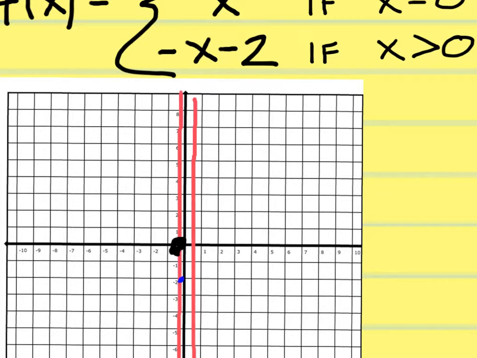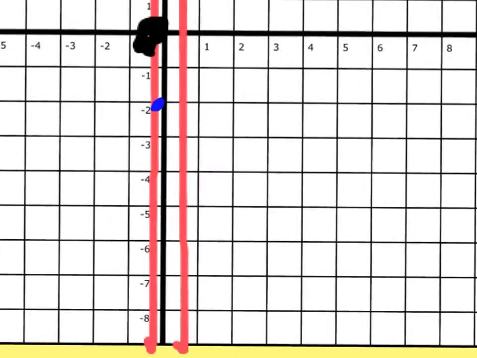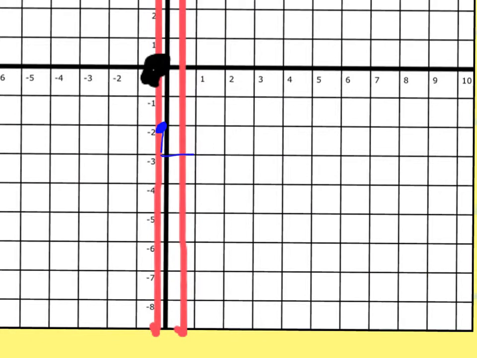So you go down 1 and over 1. So here it is, down 1, over 1, and we draw this line, except that line cannot cross 0 because it says it has to be greater than 0 for it to be a -x minus 2. So when you draw this line, it's going to look like this.